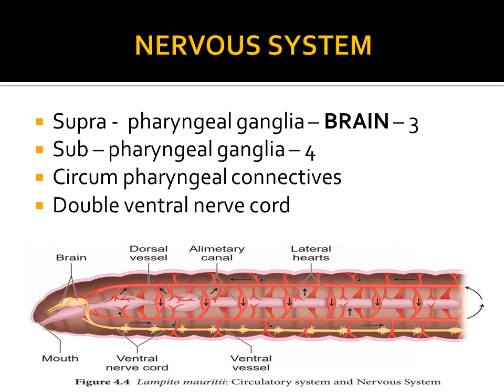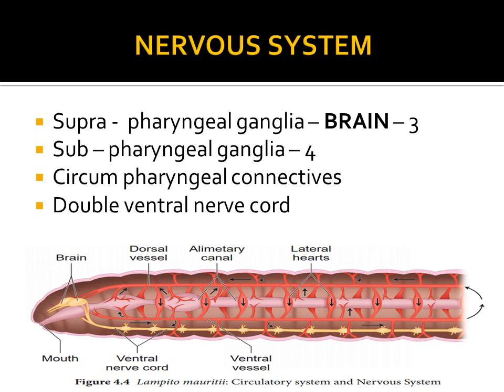And the fourth region is the double ventral nerve cord. As we said already, the earthworm is made up of segments, the same repeated units, which we called metameres. Let us see in which segments these regions are located.